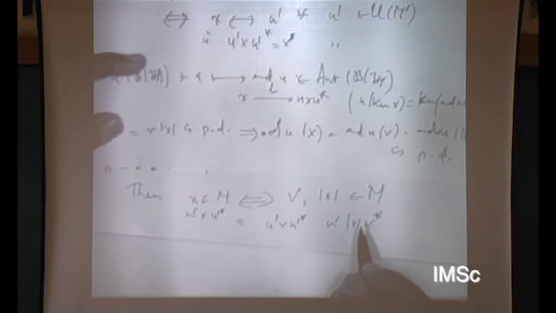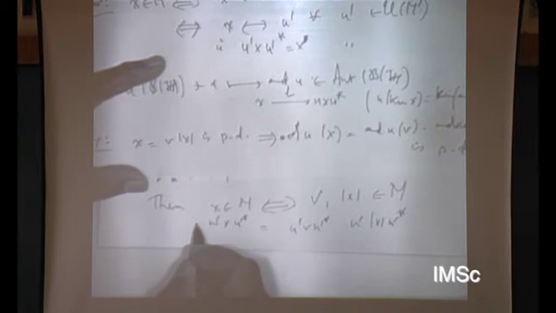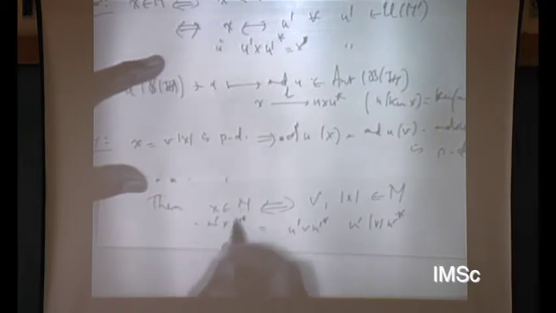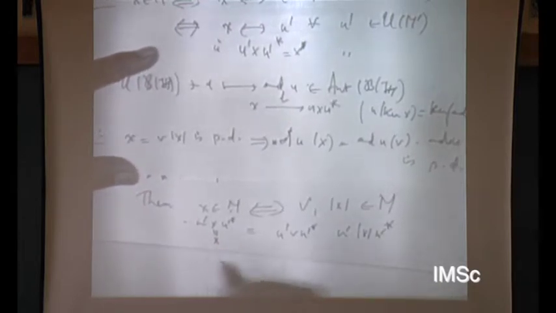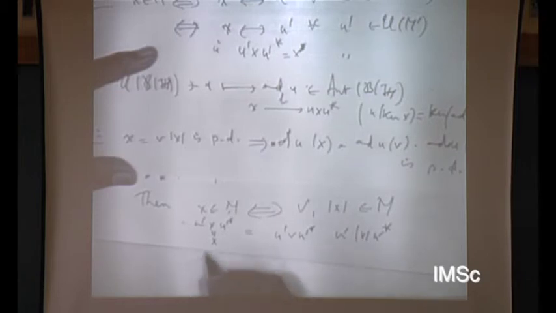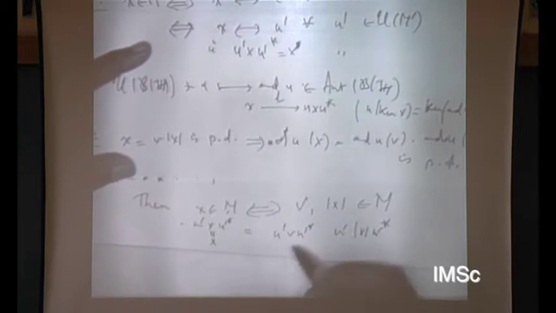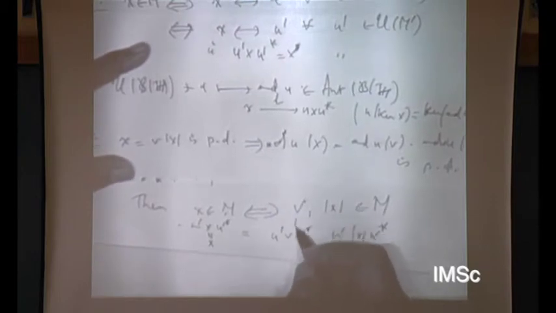On the one hand, this will be the polar decomposition. On the other hand, this is nothing but x, since x in M says that this is equal to x. And because of the uniqueness of polar decomposition, I am also saying that this is equal to this and this is equal to this.